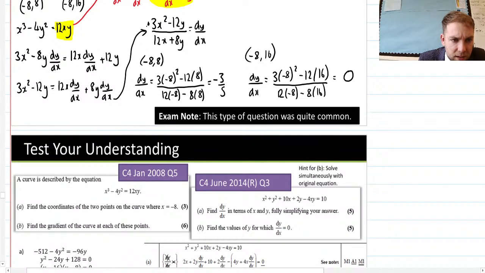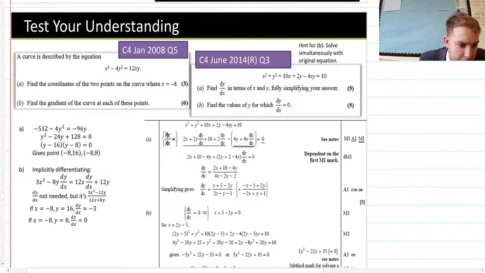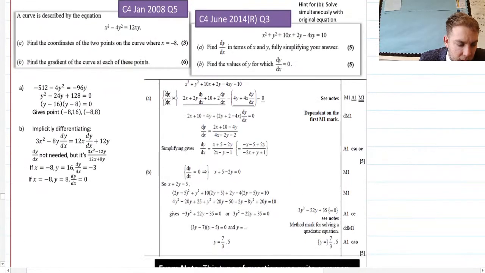Got a differential right, so 3x squared minus 12y over 12x plus 8y.